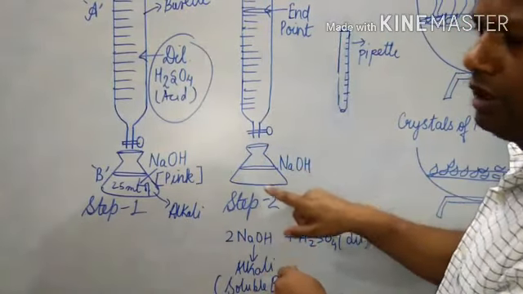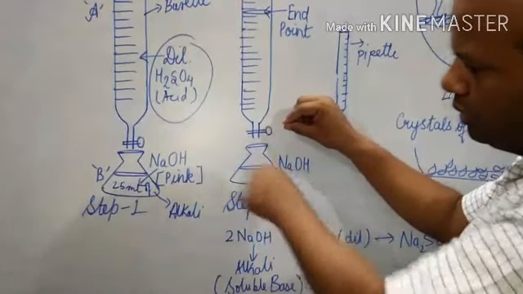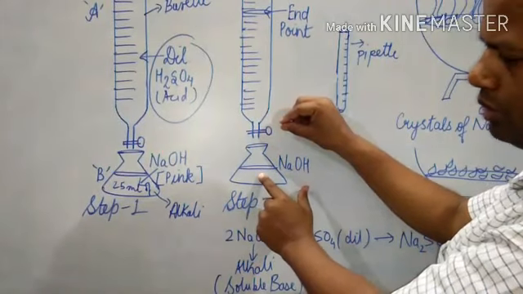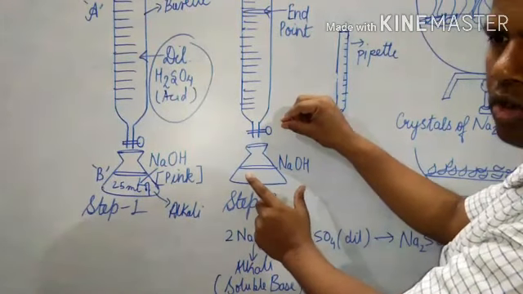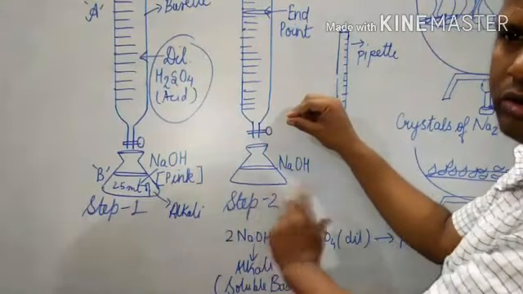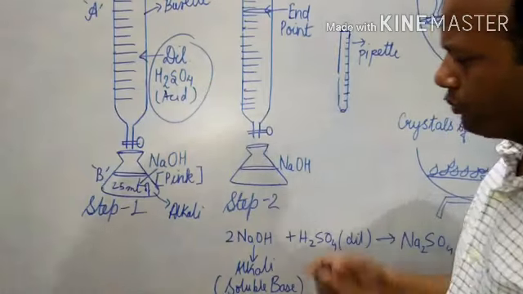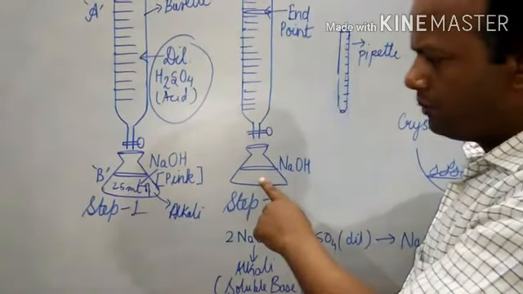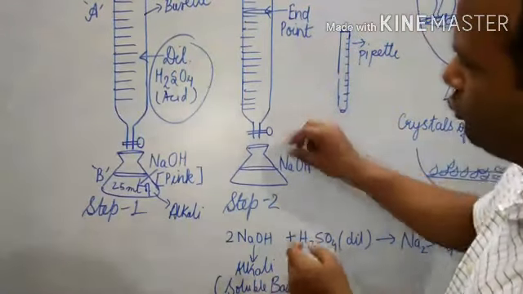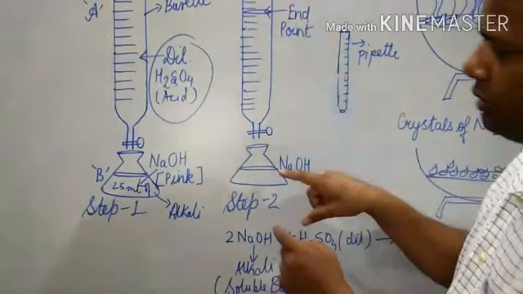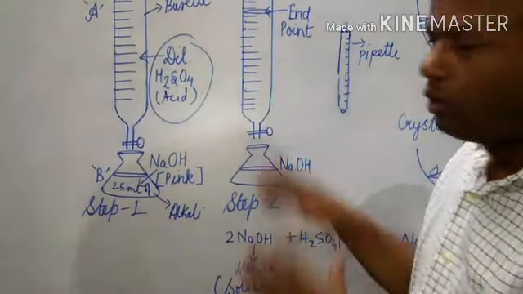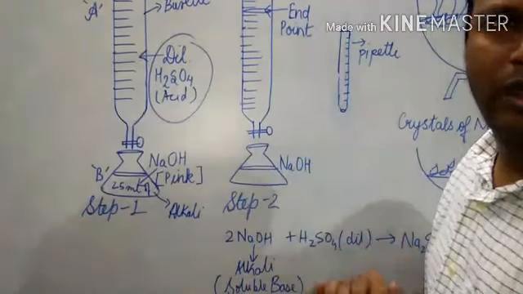The stirring is to be done continuously so that complete reaction takes place. Now you will observe the pink color changes to colorless. As soon as you observe the change in color, you have to stop the tap. It means this alkali has been completely neutralized by the acid. Now no more acid is required, otherwise it will become acidic.